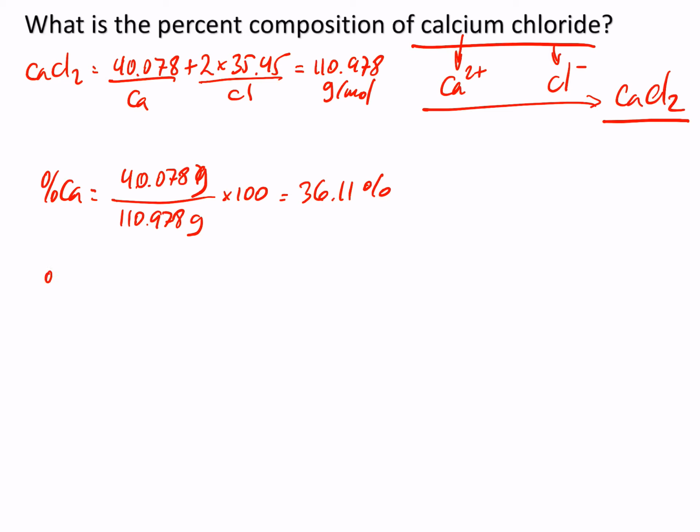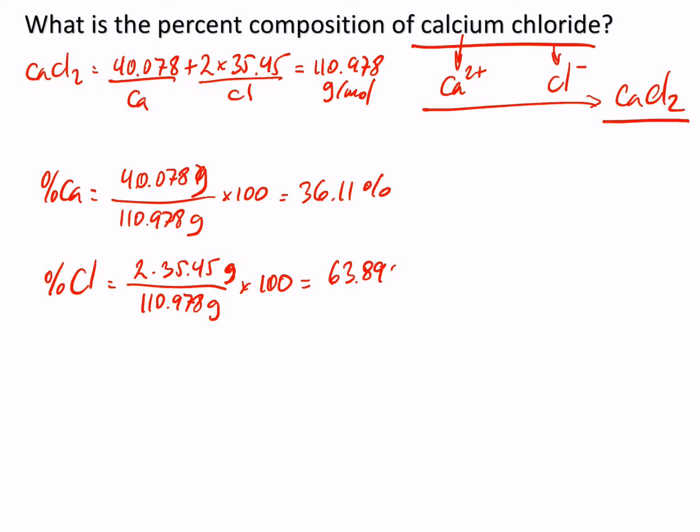Now the percent chlorine would be equal to 2 times 35.45, because it's 2 chlorines, divided by 110.978, these are grams both, times 100. And that's going to be 63.89%. Now, it's a percentage, and if you add all the percentages for every single element in that compound, then everything has to add to 100%.